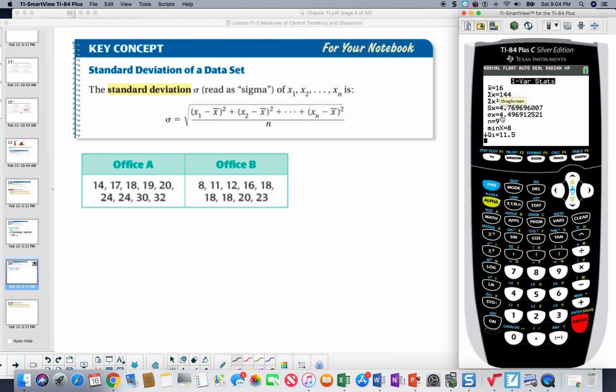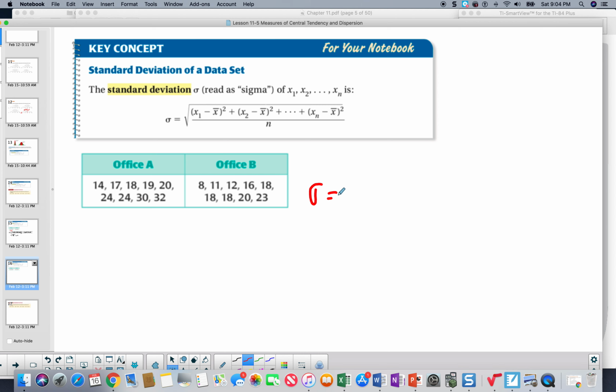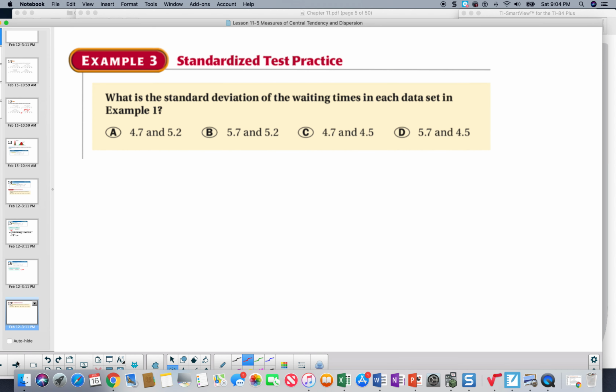It's right here, 4.5. So my standard deviation sigma is 4.5. Now this is going to allow me to answer the next question. Remember, 5.7 was for Office A and 4.5 is for Office B. So my answer is D.